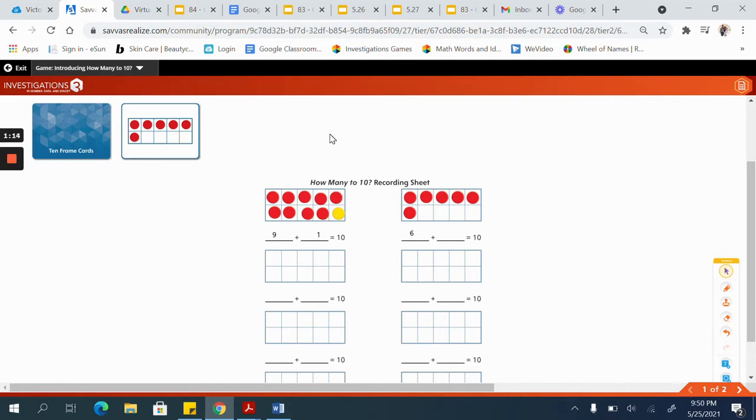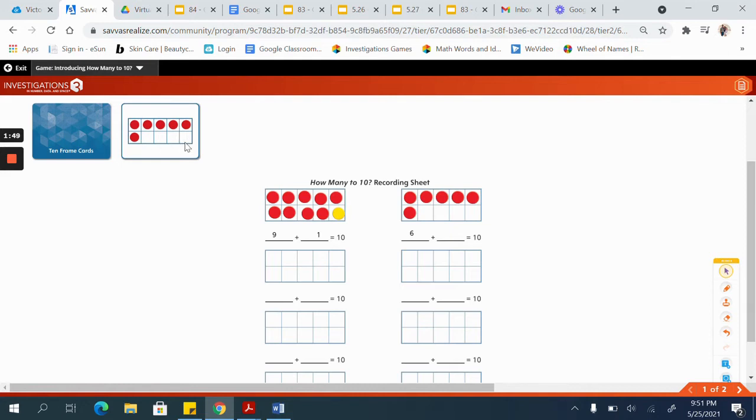How could we solve this? What do you think? Can you share with me what you're trying at home? Some of you might be saying, I'm going to count how many spots are still blank on our tens frame. And if I count the remaining spots, that will tell me how many more I need to make 10. 1, 2, 3, 4.